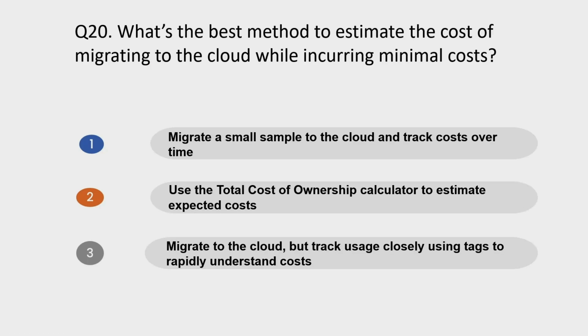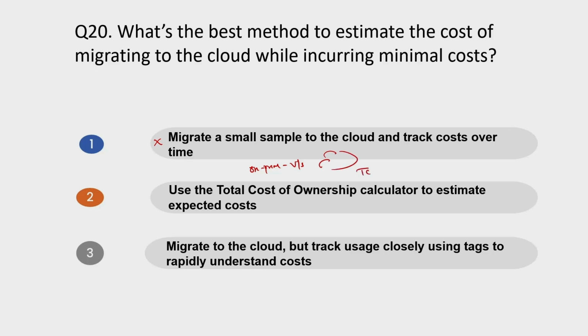Question number 20. What's the best method to estimate the cost of migrating to the cloud while incurring minimal costs? Let us eliminate the wrong answers. The first answer is migrate a small sample to the cloud and track costs over time. Definitely, we are not going to do this. Use the total cost of ownership calculator to estimate expected cost. Yes, we wanted to differentiate the on-prem versus the cloud.